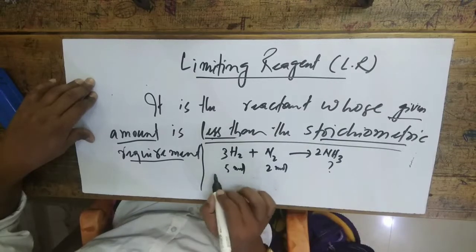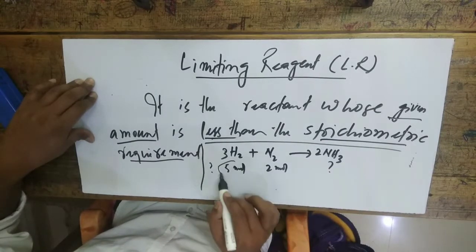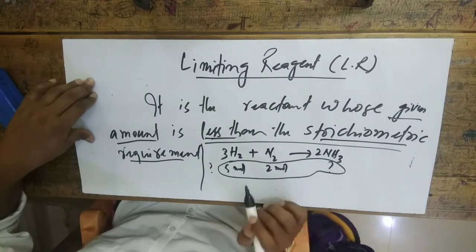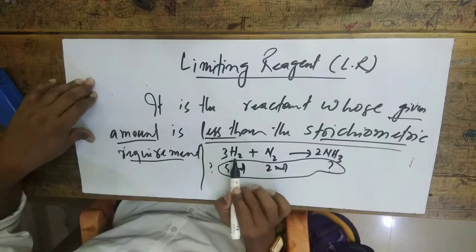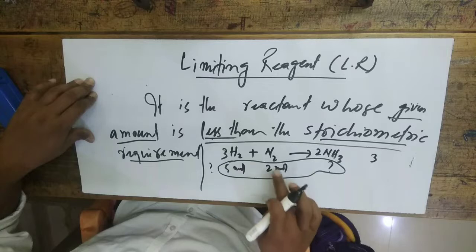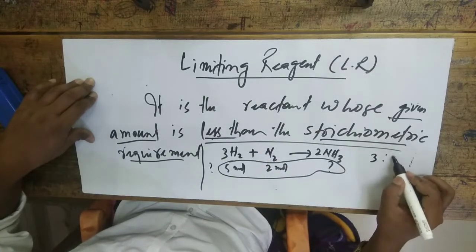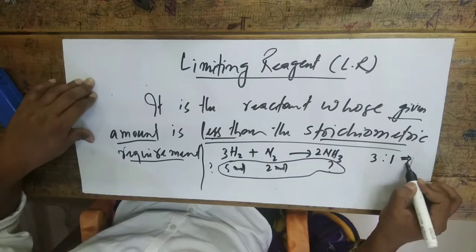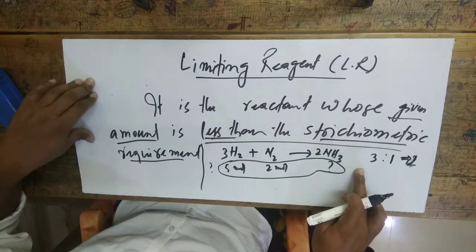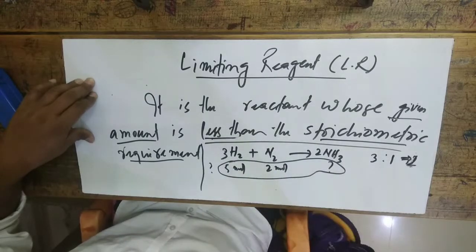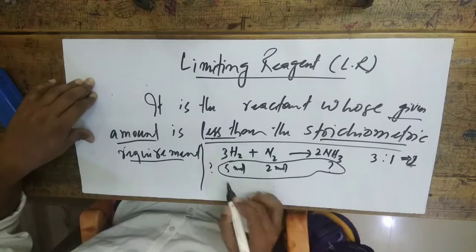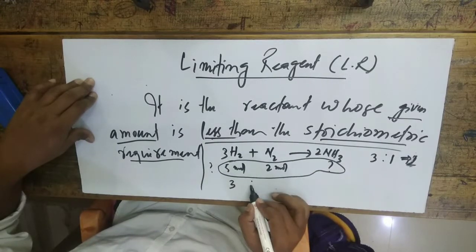Now let us find in this given condition which reactant is the limiting reagent. From this balanced chemical reaction, 3 mole of hydrogen react with 1 mole of nitrogen to produce 2 mole of ammonia. So with 3 mole of hydrogen, 1 mole of nitrogen will be used.